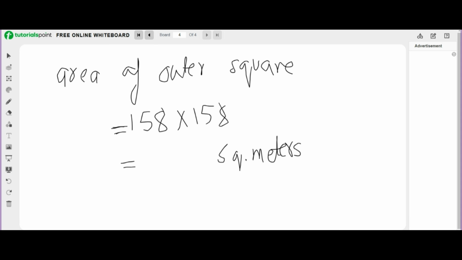Aryan, it will be 24,964. This is the answer. This is the outer area.